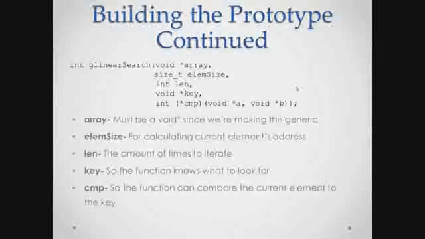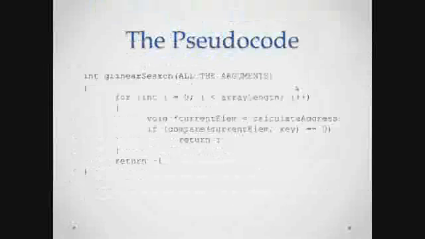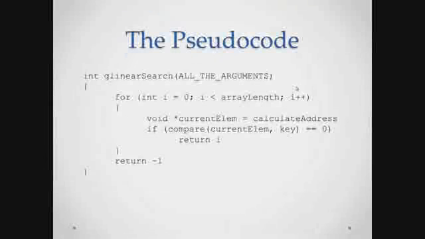So now that we understand the prototype, let's move on to the pseudocode for our function. And if you're not familiar with the term pseudocode, basically it just means fake code. So this code obviously won't compile or anything, but it's just to give you a rough idea of what our function is actually going to be doing. So obviously we just have all of our arguments right there, and I'm not going to rewrite all those, there's way too many.